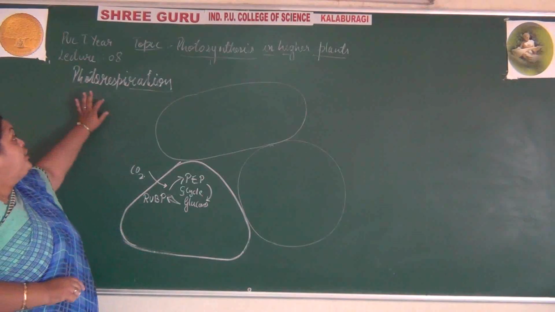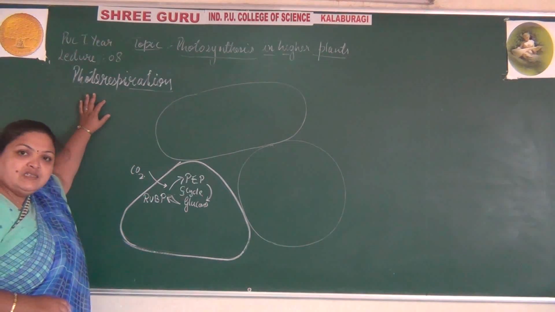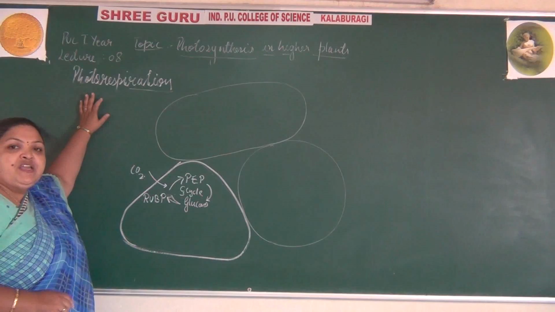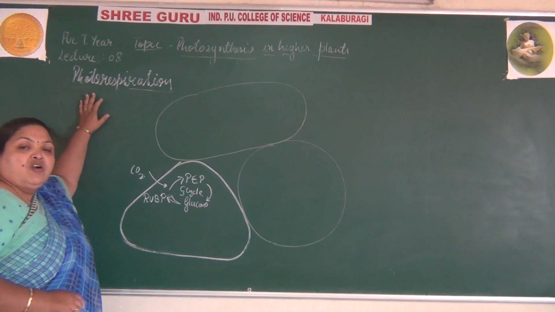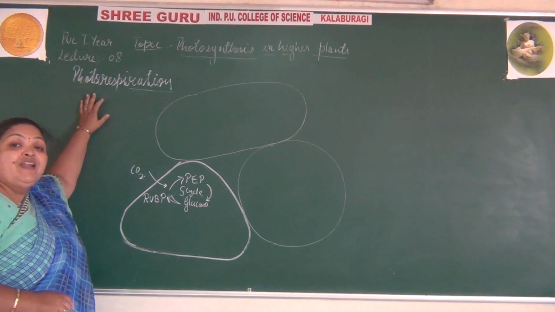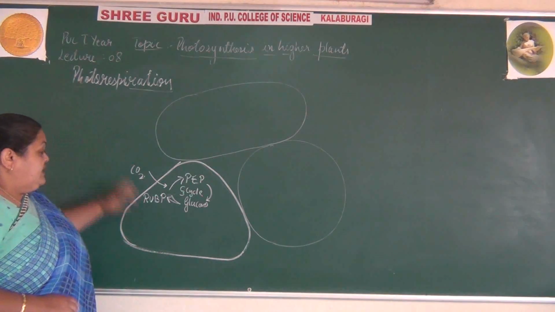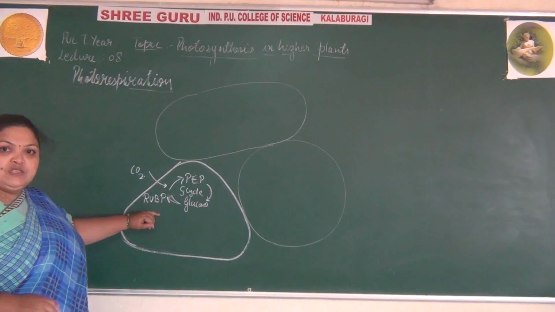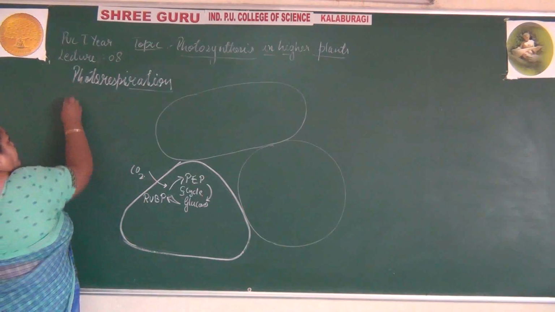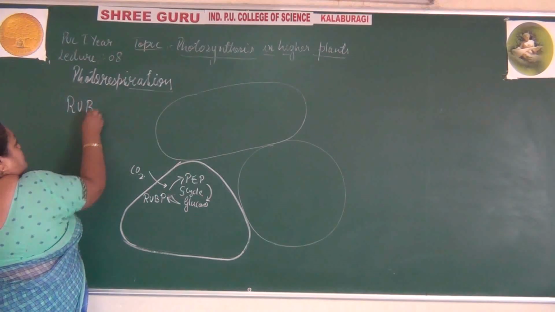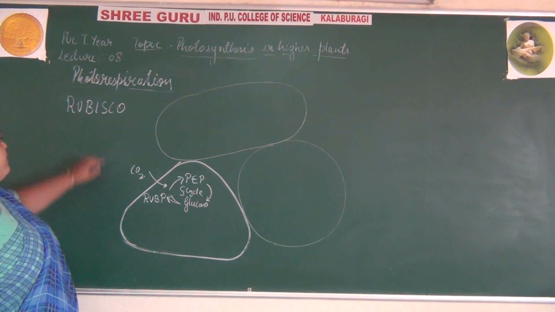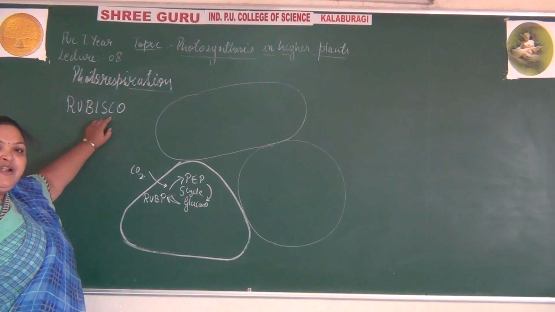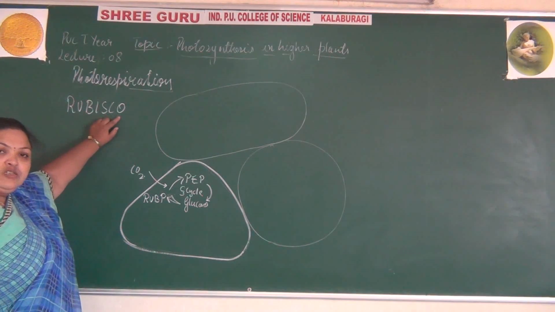But photorespiration occurs when the concentration of carbon dioxide is low in the atmosphere. And the enzyme, we know, is Rubisco: ribulose bisphosphate carboxylase oxygenase. In the C3 cycle, Rubisco has more affinity towards carbon dioxide than oxygen.